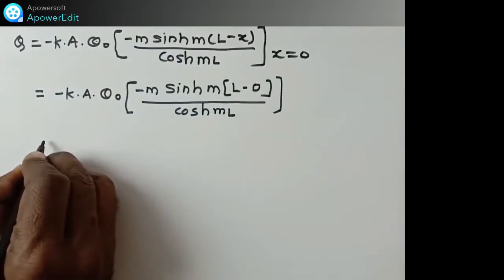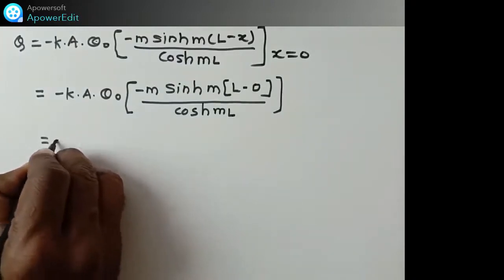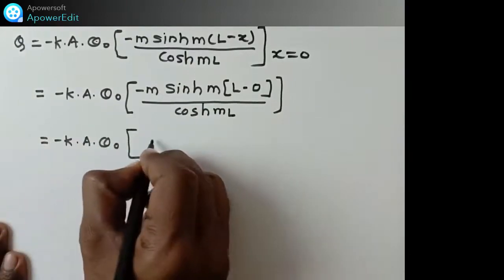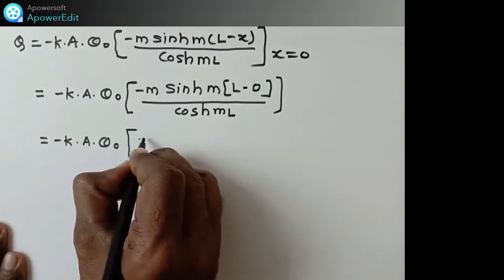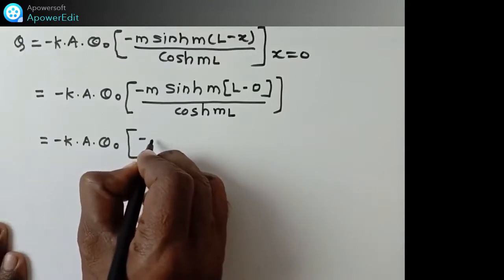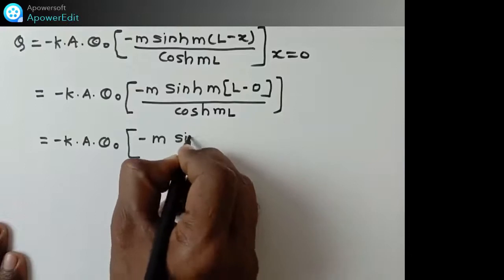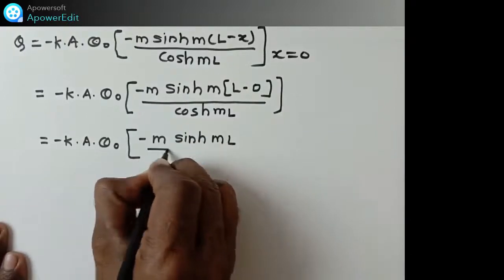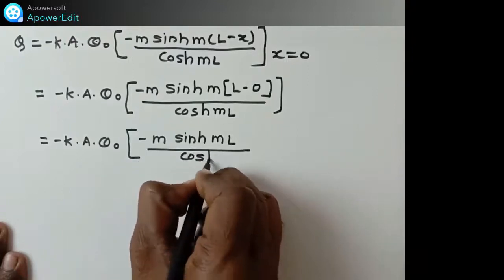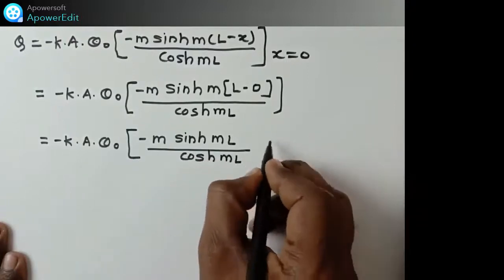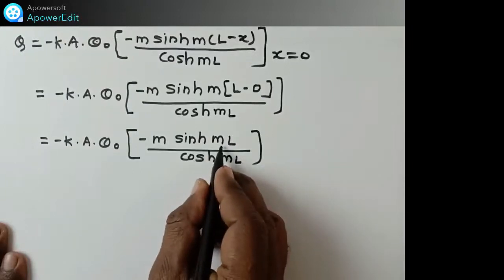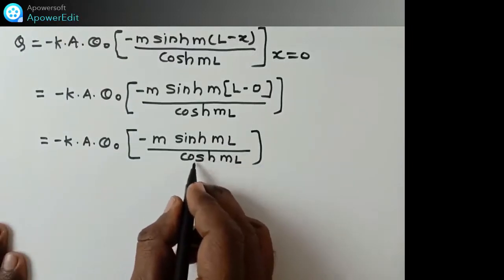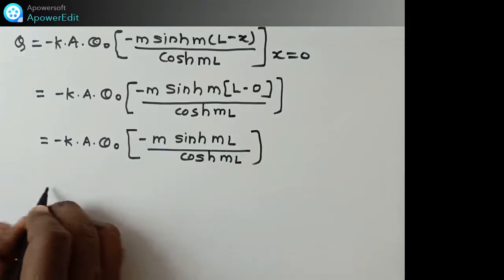So here we have next step: minus m sin h ml divided by cos h ml. Now sin h ml divided by cos h ml means tan h ml. Sin upon cos ratio is a tan.